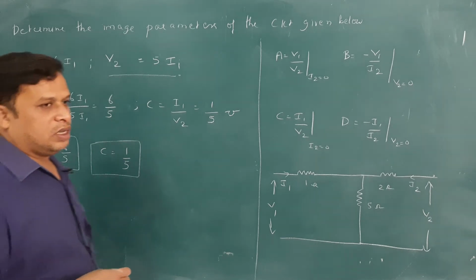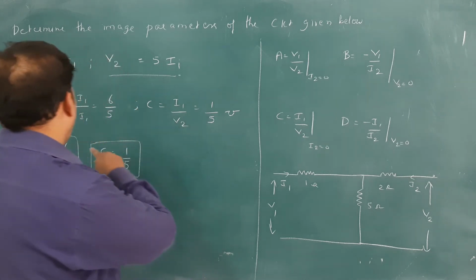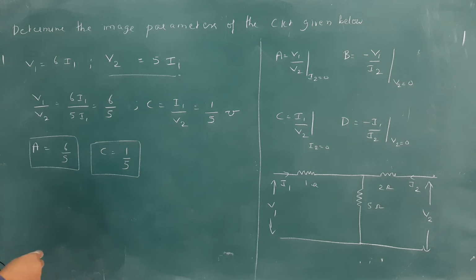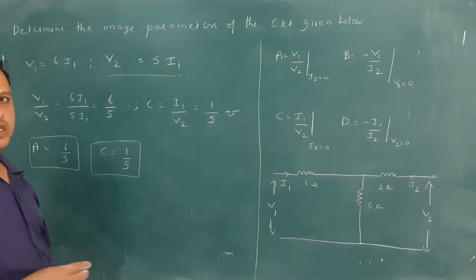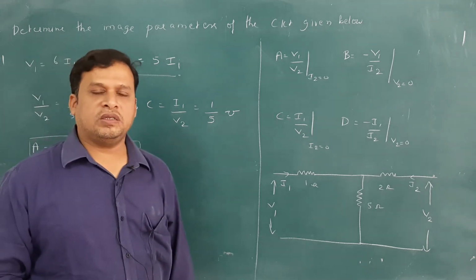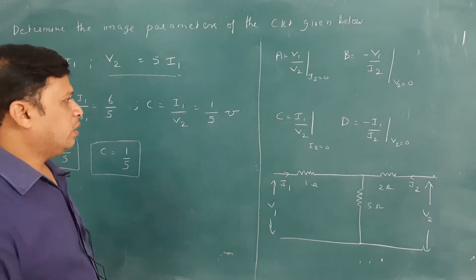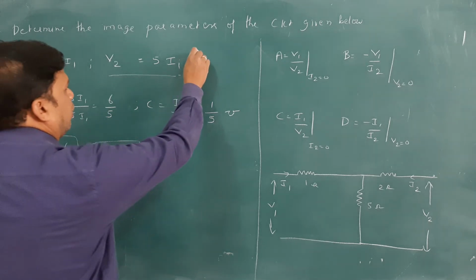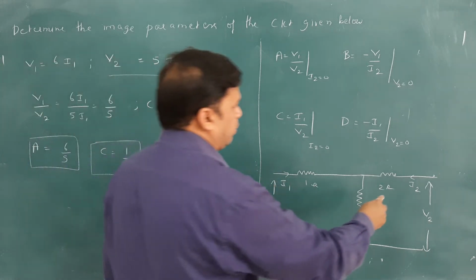In the previous finding of A and C, we took I2 equal to 0. I2 equal to 0 means open circuiting. If V2 is equal to 0, it means it is short circuited. So previously we have done open circuit, I2 is equal to 0.